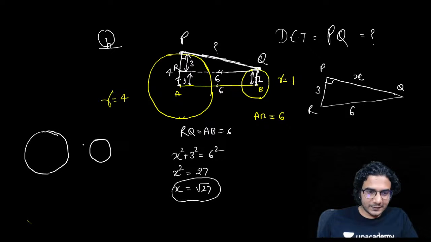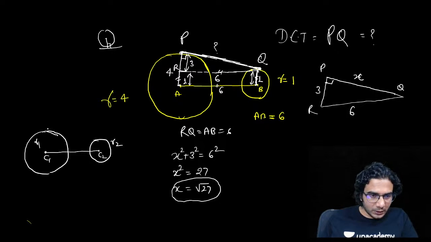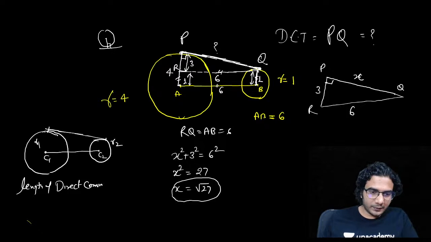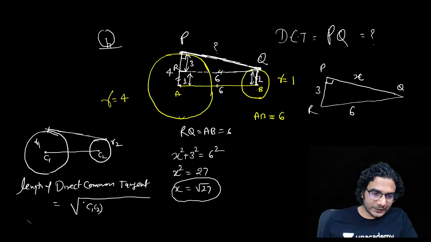See, if the centers are C1 and C2, and the distance between centers is C1C2, the radius of one circle is R1 and the radius of the other is R2, then the length of the direct common tangent is equal to under root of C1C2, the distance between centers, square minus R1 minus R2 whole square.